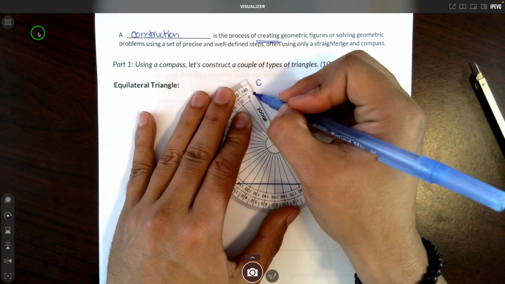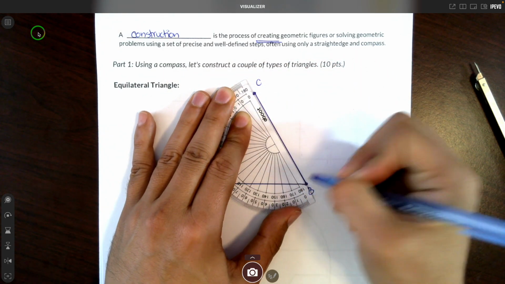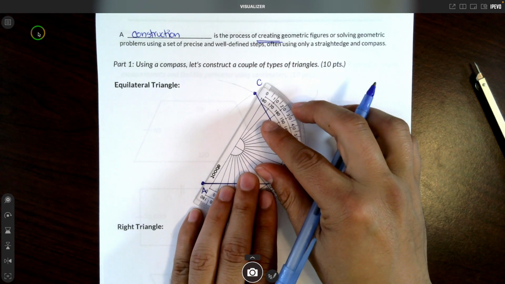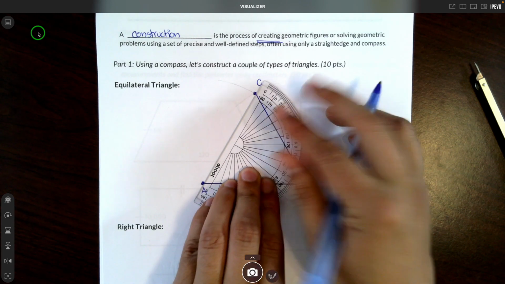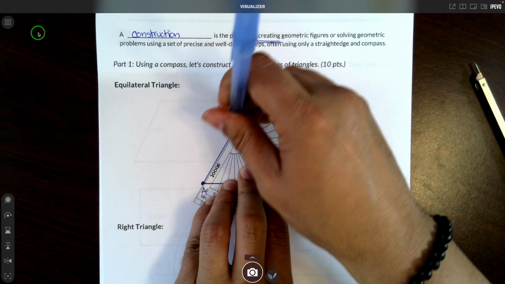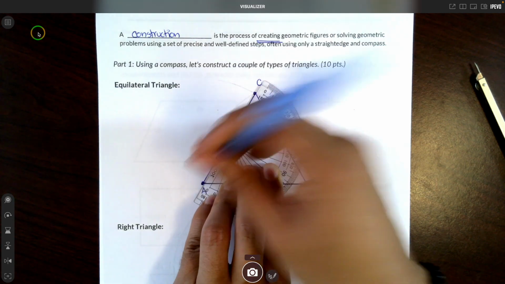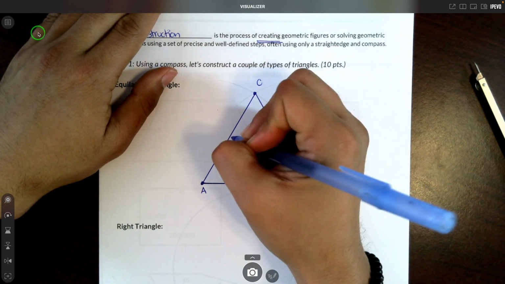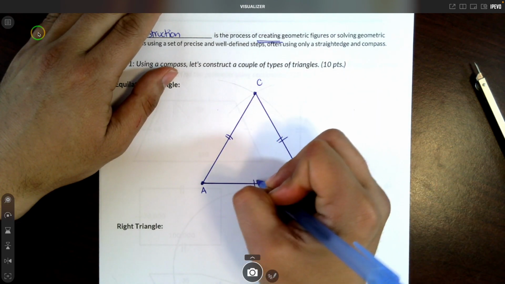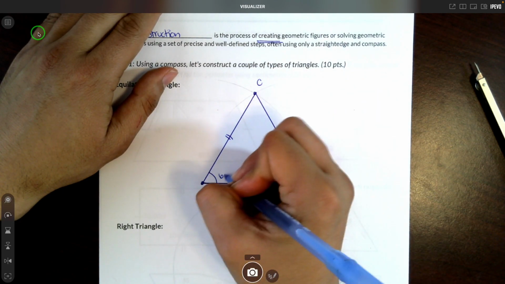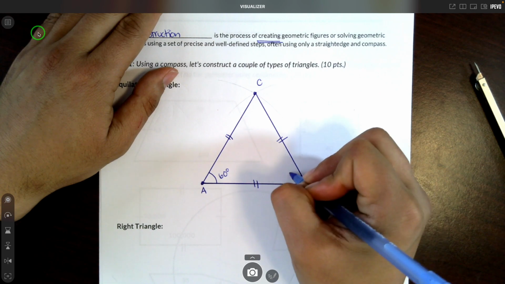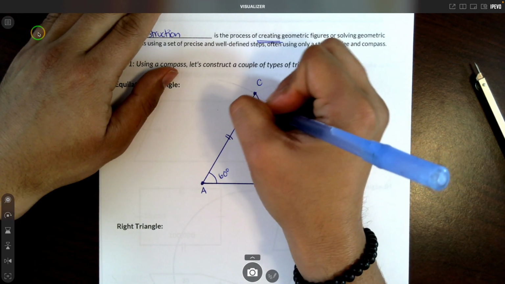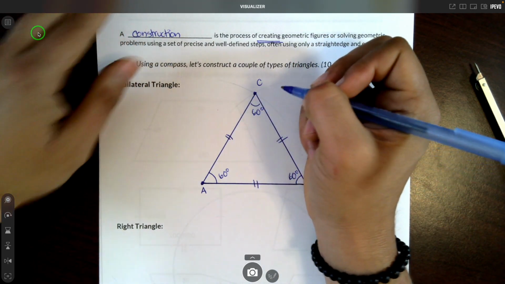This is an equilateral triangle. Okay, so this side is congruent to this side, and it's congruent to that side. So that means this is 60 degrees. That means that's 60. That means that's 60.